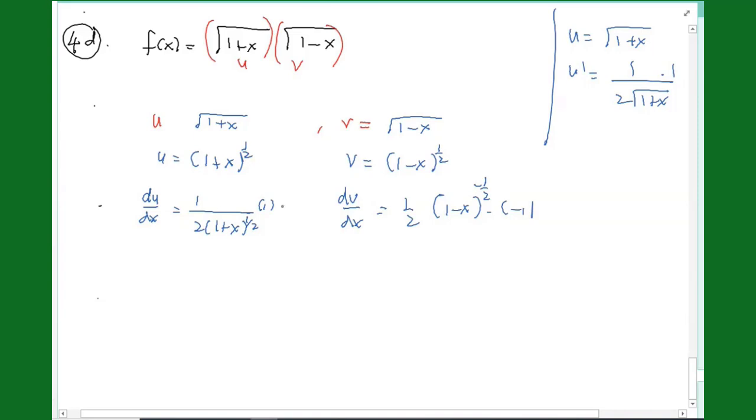Okay, so simplify: v prime is negative 1 over 2 square root of 1 minus x, and u prime is 1 over 2 square root of 1 plus x.